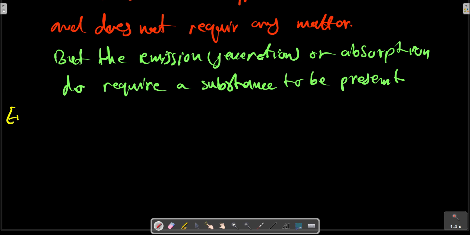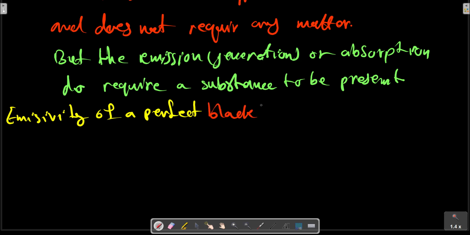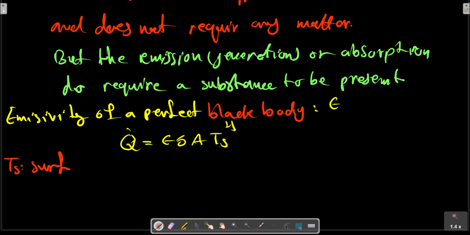So the heat transfer by radiation can be written Q dot equals epsilon sigma A T_s to the fourth, where T_s is the surface temperature and sigma is the Stefan-Boltzmann constant.